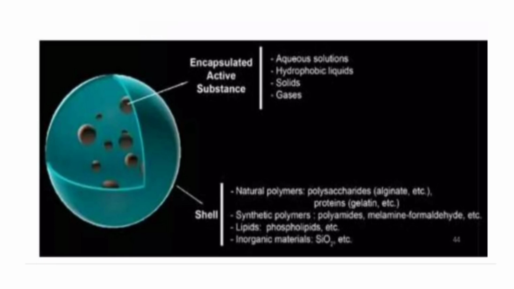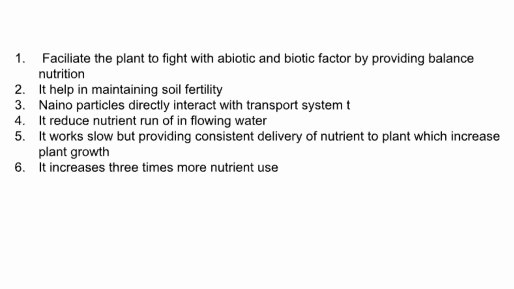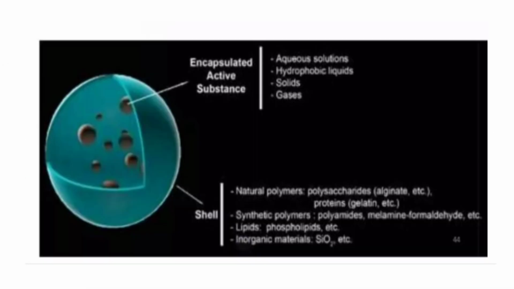So this is the nanoparticle, and this is the active substance. When we insert this active substance inside these nanoparticles, and from these nanoparticles we synthesize the pesticides, and when these pesticides are applied to the plant, then there is an increase in nutrient absorbability.